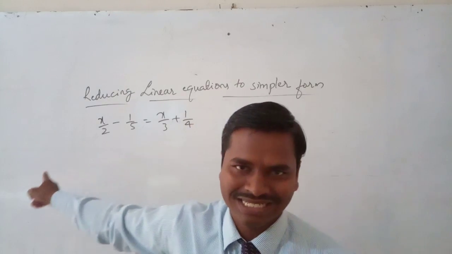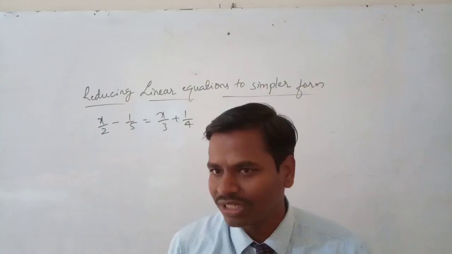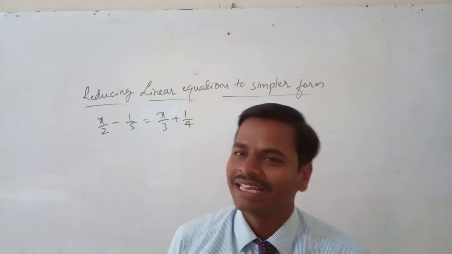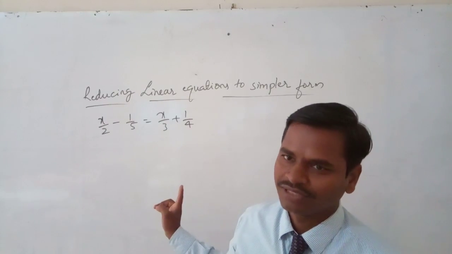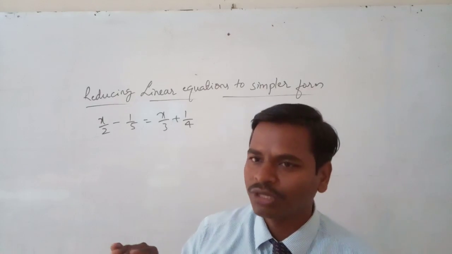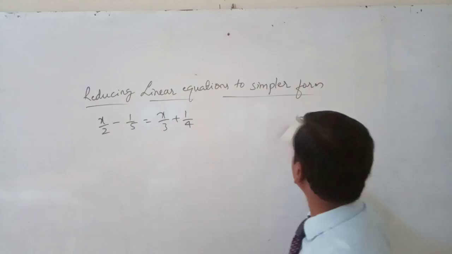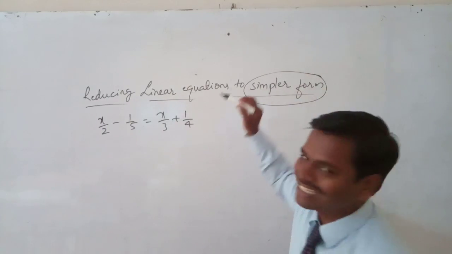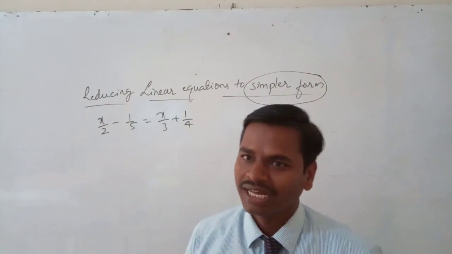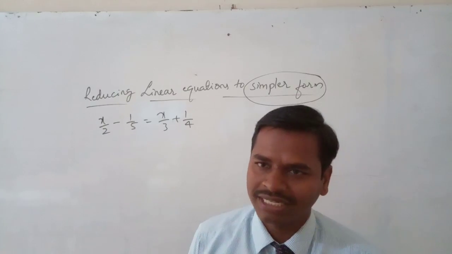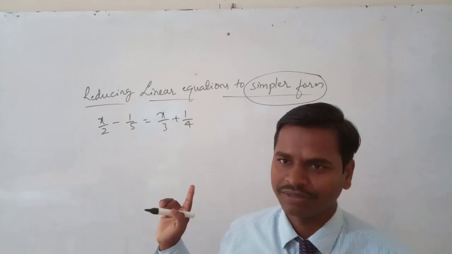We should convert them to the standard form, then simplify it and remove the denominators, bring it to the simpler form. Simpler form means it should be very easy to find the x value.